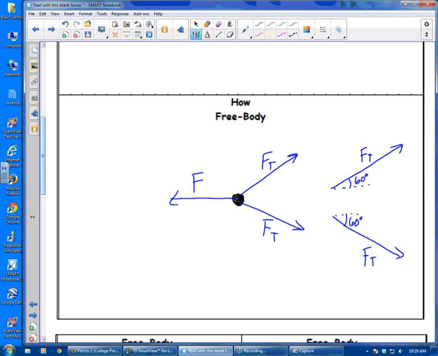So that means I've got a component this way, both of them, and a component this way in both of them. This one for each of them is going to be Ft cosine 60, and each of these will be Ft sine of 60.